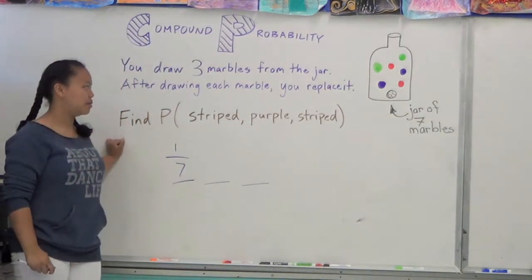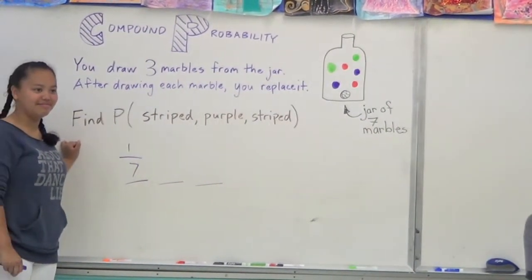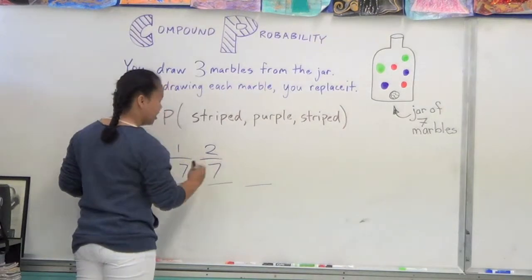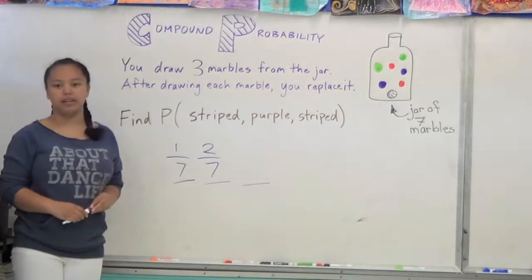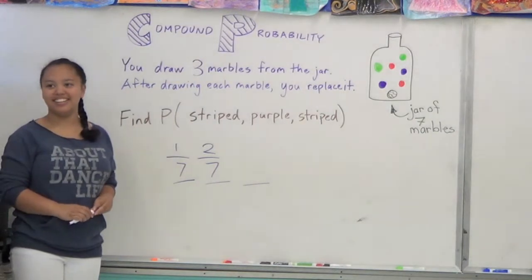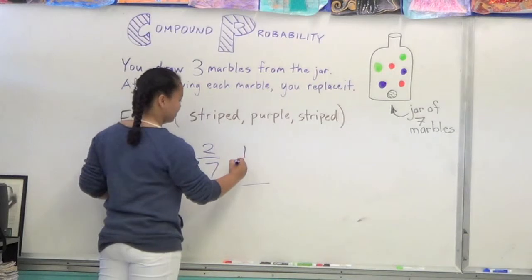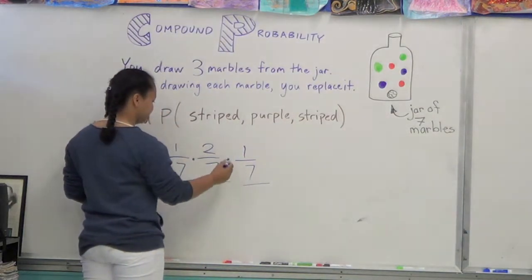And who wants to tell me the probability of drawing a purple marble? Ayana? 2 out of 7. And who wants to say the probability of drawing a striped marble again? Paulina? 1 out of 7. Now we're going to multiply them.